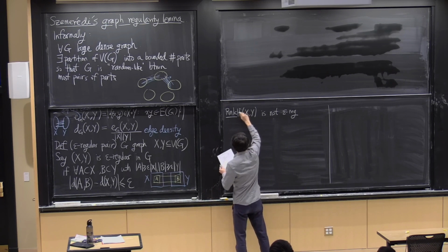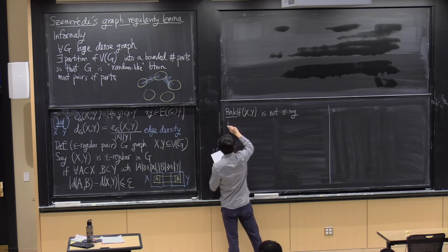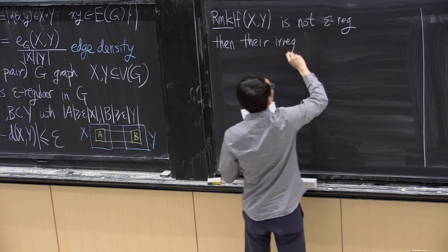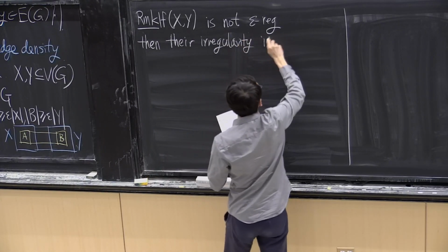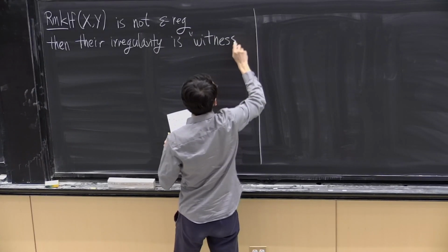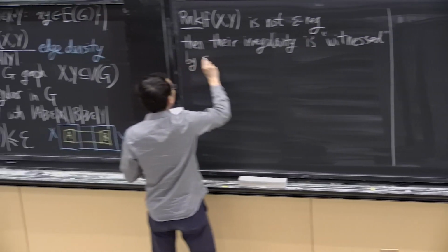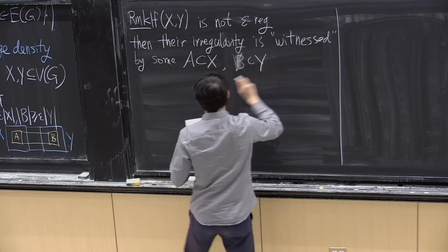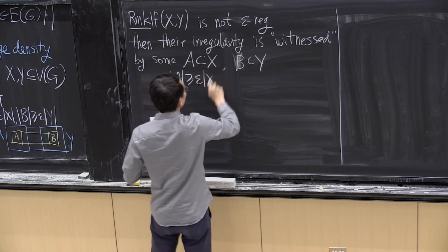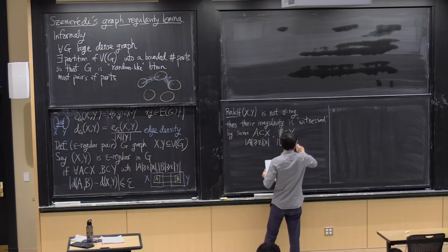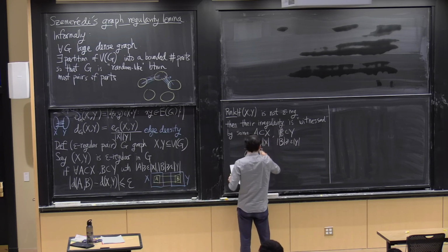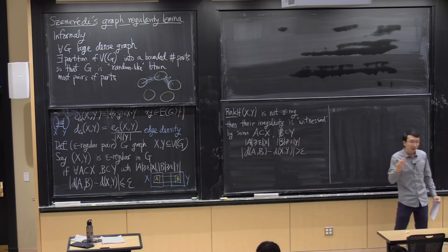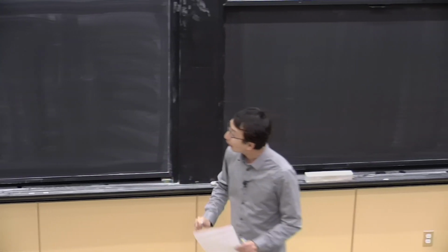So if XY is not epsilon regular, then the irregularity is witnessed by some pair A in X and B in Y, satisfying, well, basically you read the definition, and such that the density between A and B differs quite a bit from the density between X and Y. Okay, so when I say to exhibit or to witness irregularity, that's what I mean.